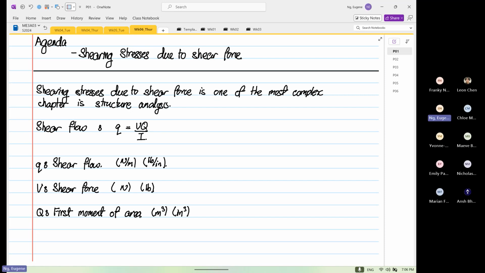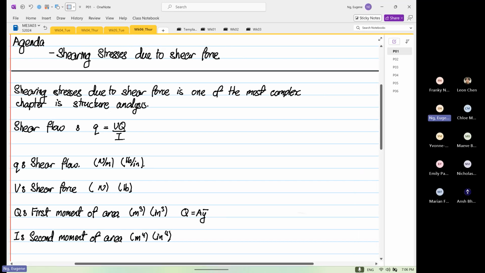It's not a volume, it's the first moment of area. So Q is equal to A y bar. And the last term you can see over there is I. Everyone knows I, which is the second moment of area. The second moment of area is in meter to the power 4 and inches to the power 4.